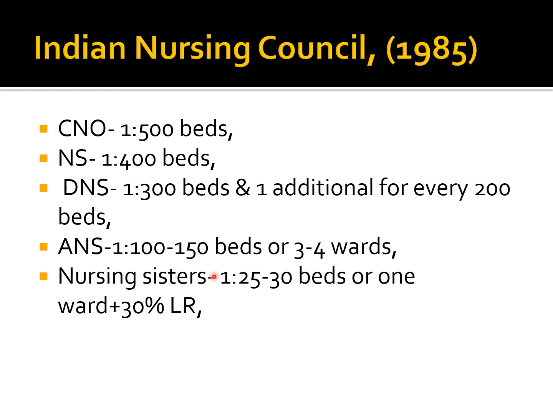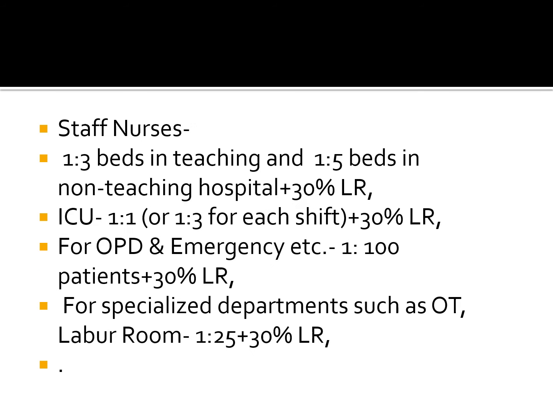Nursing Sisters 1 for 25 to 30 bed or per ward plus 30% leave reserve. Coming to the ratio of staff nurses to patients or bed, 1 is to 3 in teaching and 1 is to 5 in non-teaching. In ICU, 1 is to 1 plus 30% leave reserve.